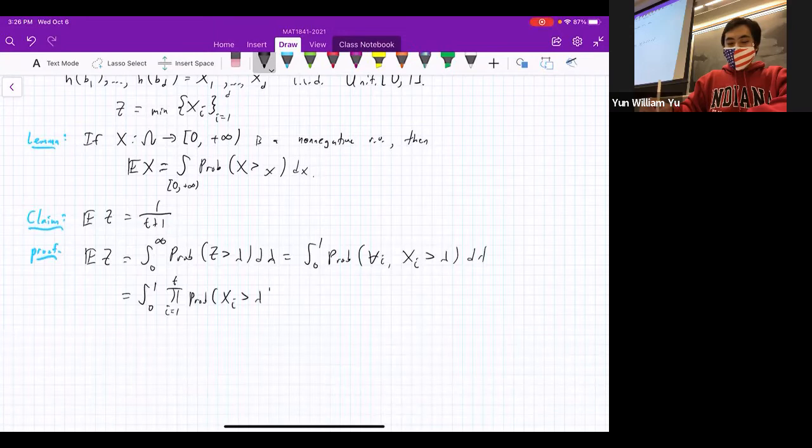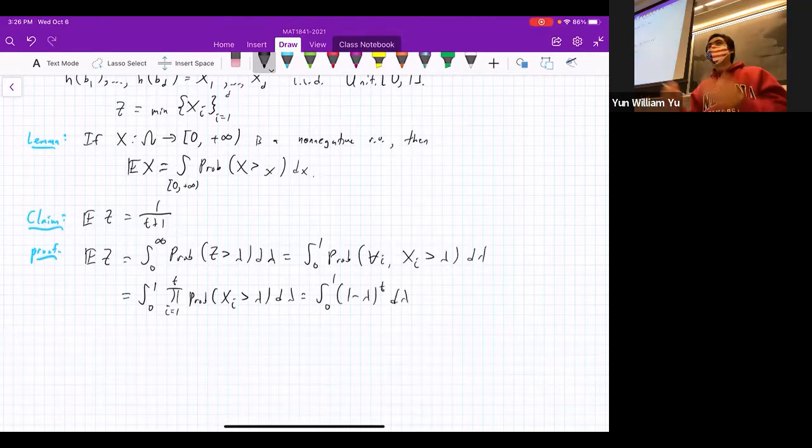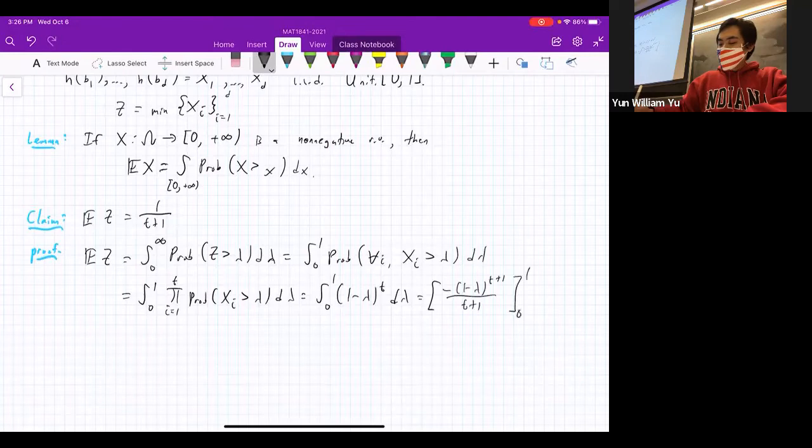The probability that x_i is greater than lambda is just 1 minus lambda, so this is the integral from 0 to 1 of (1 minus lambda) to the t, d lambda. That's, of course, just by the uniform PDF. And so that's equal, after you do the integration, to minus (1 minus lambda) to the t plus 1 over t plus 1, from 0 to 1, which is equal to 1 over t plus 1.